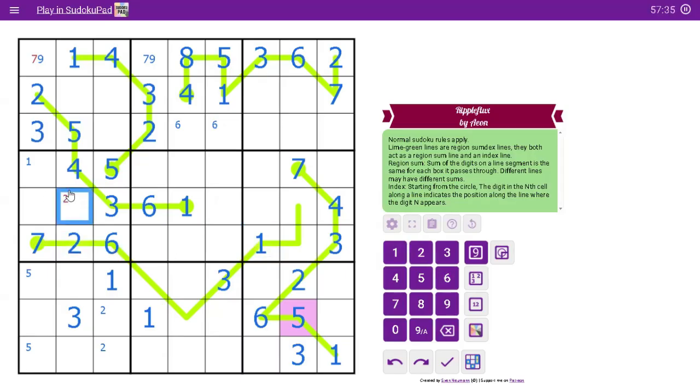That means that's a 2. This would do the 9 and the 7. This would be... Well, this would sum to 14. It would have to be 6, 8, or 5, 9, which it can't be because of these.